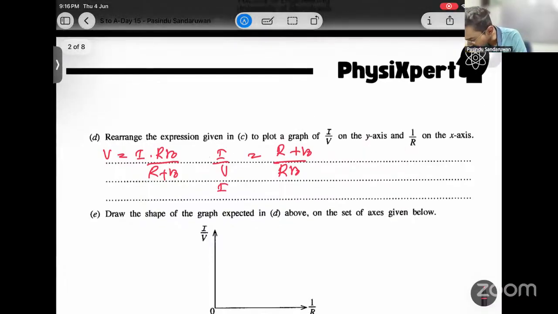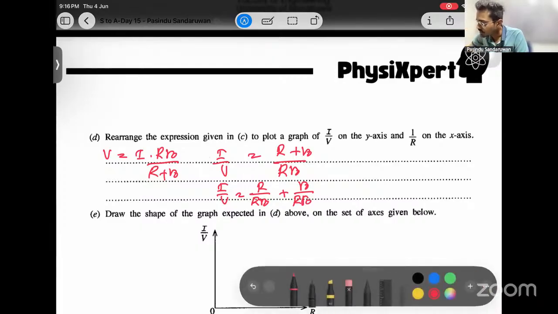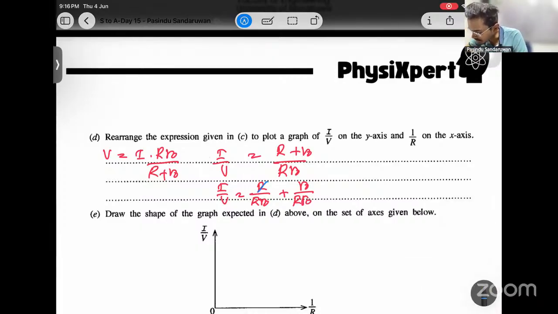Then these terms are going to cancel, capital R with capital R, R0 with R0. Then we can keep the final answer as I over V equals 1 over capital R plus 1 over R0.